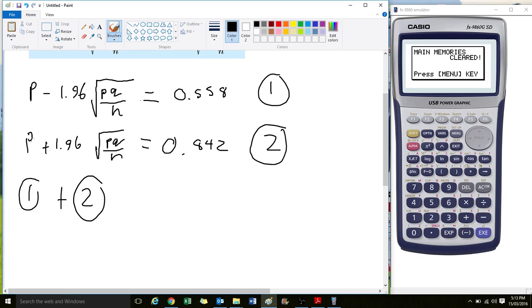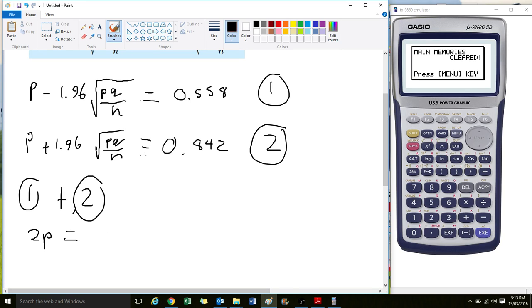So P plus P equals 2P. And we have minus 1.96 times the square root of PQ on N plus 1.96 times the square root of PQ on N. These cancel each other out, so that's not equal to anything.